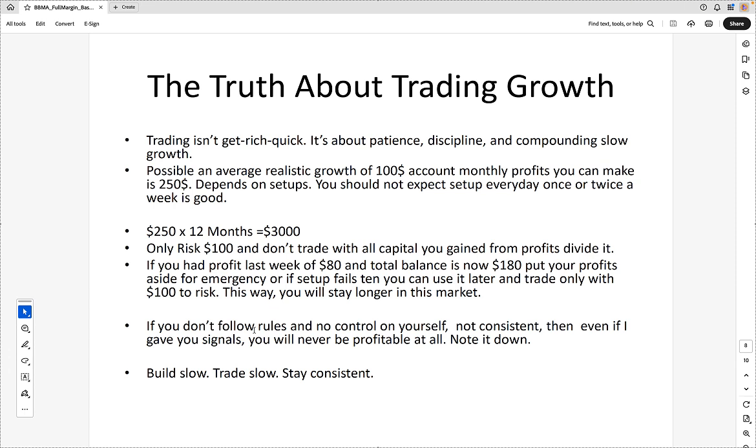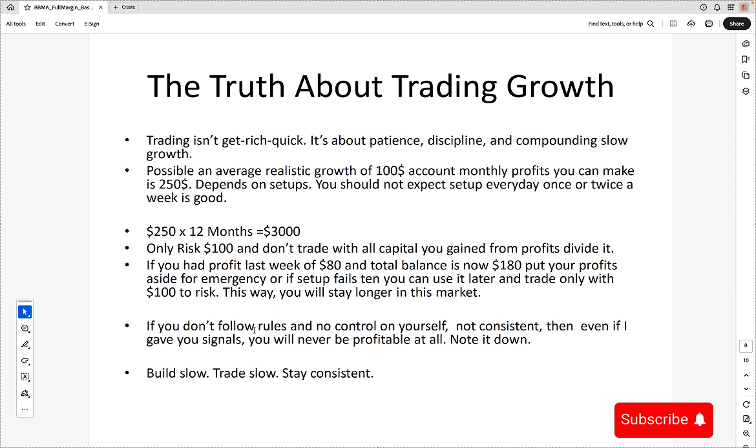Read this, it's really important. Trading is not a get rich quick scheme. If your mindset is like that, then this is not for you, unfortunately. You need to think about some other stuff. You need to invest your time and money in something else, not in trading, because it requires patience, discipline, and slow growth.